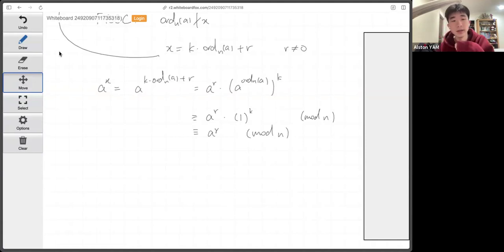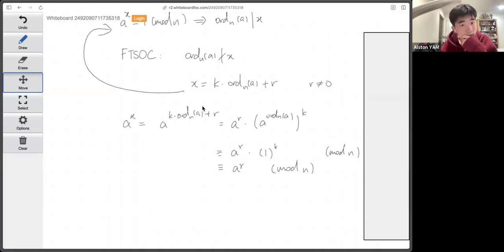So what we have here is A to the x, this term, is congruent to A to the r on the mod n, where r is this non-zero remainder that we have. But the problem is, what is A to the x on the mod n?